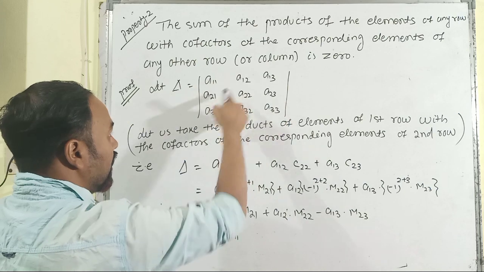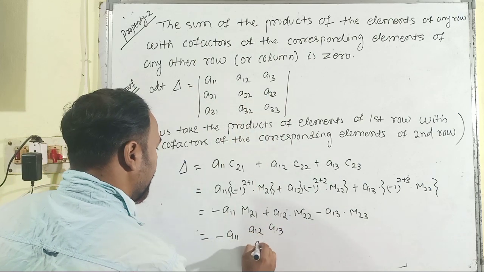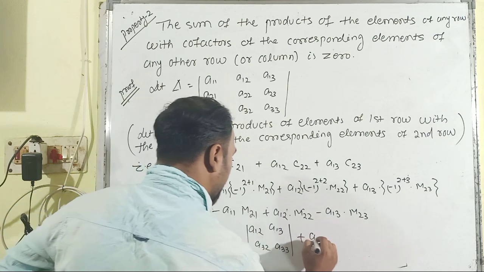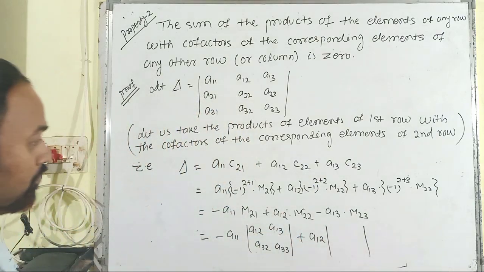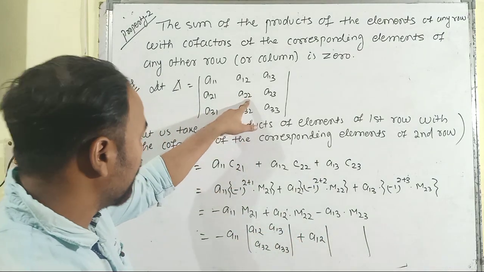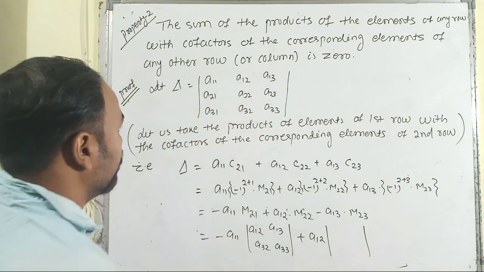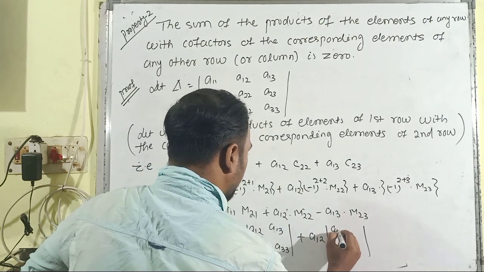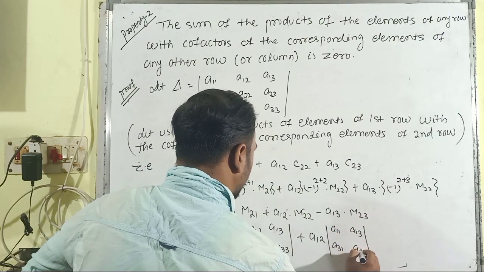Here minus A11 times the minor of A21, cancelling its row and column, leaves the values A12, A13, A32, A33. Then plus A12 multiplied with the minor of the element A22, cancelling its row and column, we have A11, A13, A31, A33.